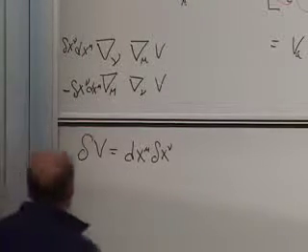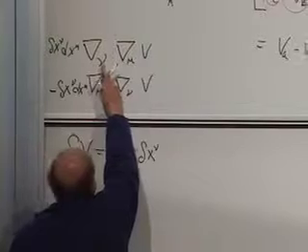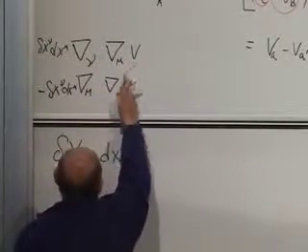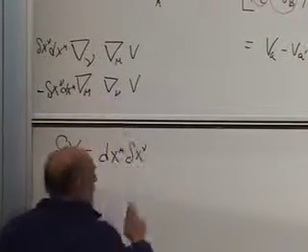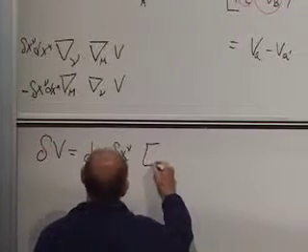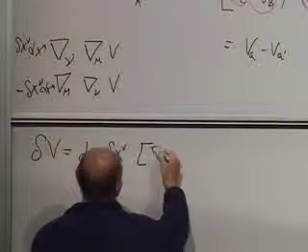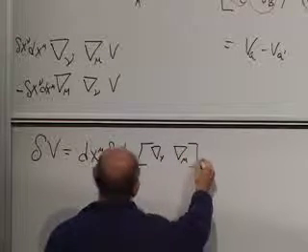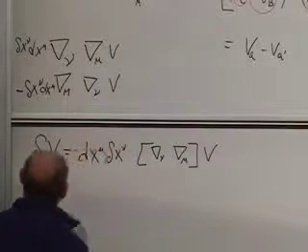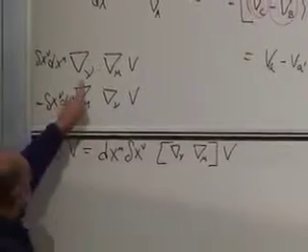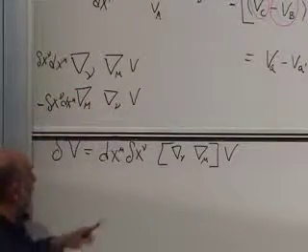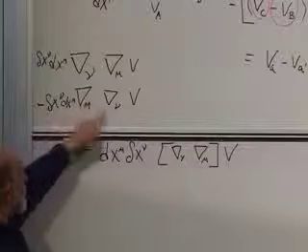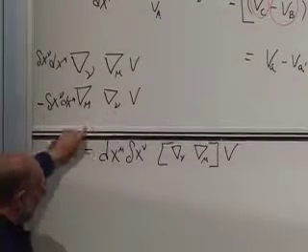And then it contains ∇_ν ∇_μ V minus ∇_μ ∇_ν V. What is that? That's the commutator of ∇_ν with ∇_μ on V. The first term, ∇_ν is to the left, ∇_μ is to the right. And the second term, ∇_μ is to the left, ∇_ν to the right.